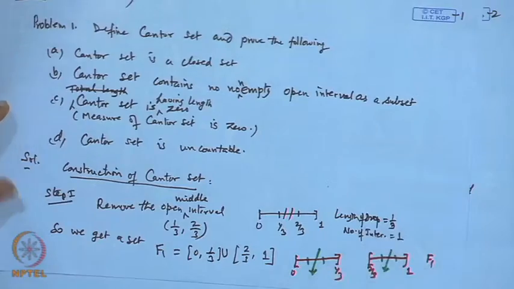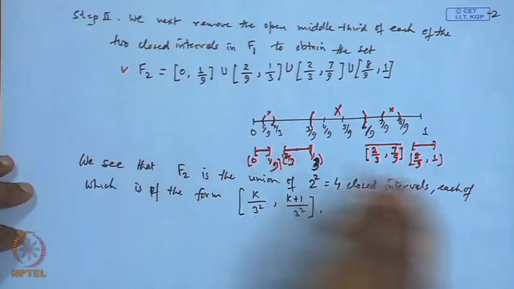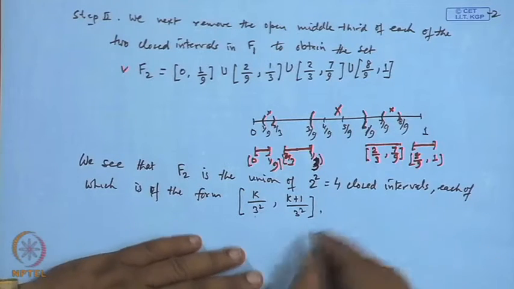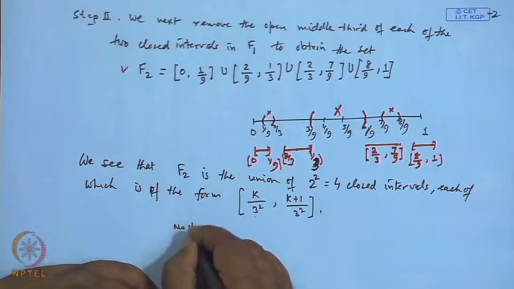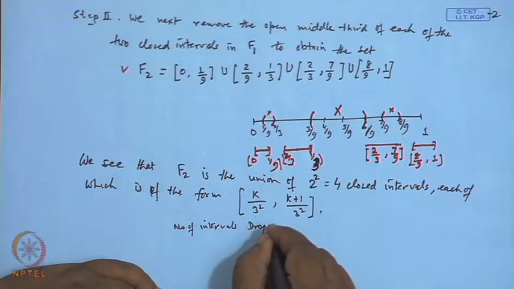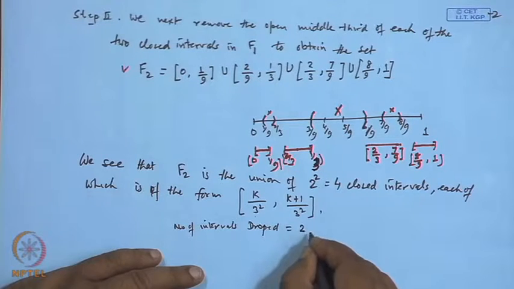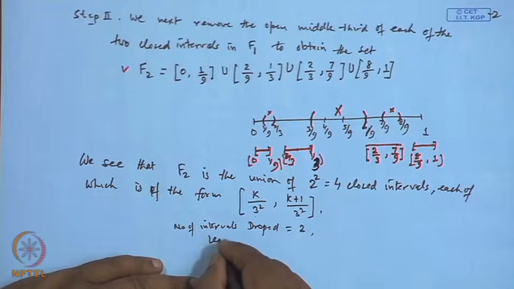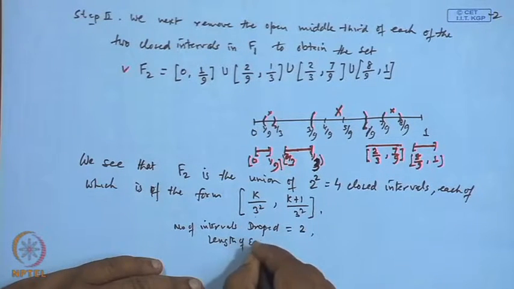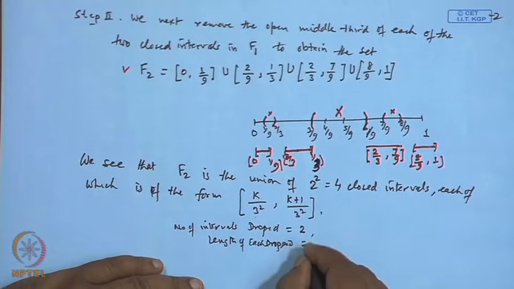Now, here the number of intervals dropped is how many? 1 and 2, and the length of each dropped interval will be what?